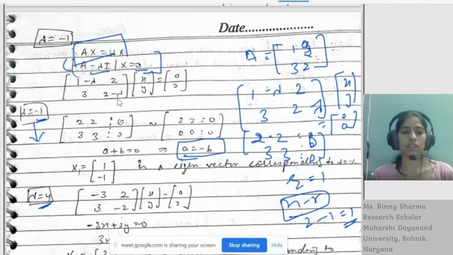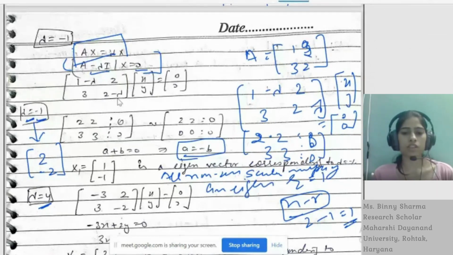I've already shown you a result corresponding to an eigenvector. There must be 2 or more eigenvectors. It means every non-zero scalar multiple of an eigenvector is also an eigenvector.